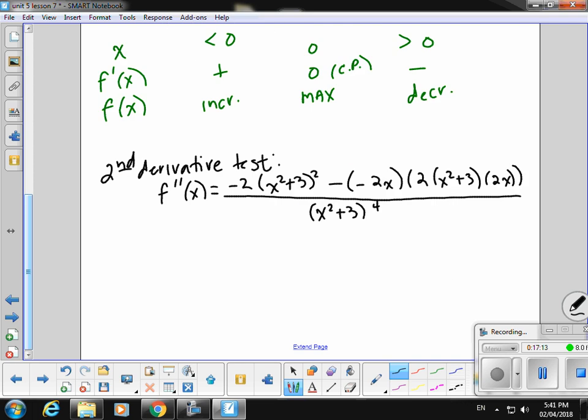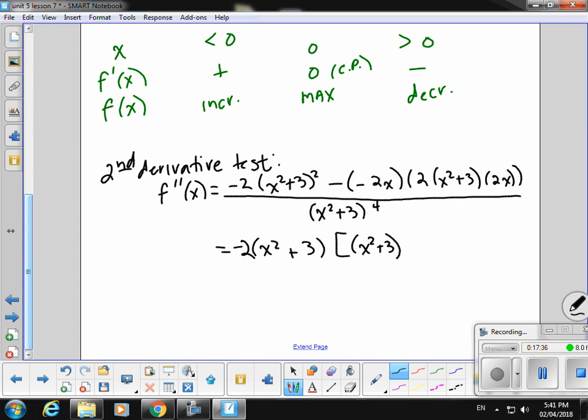I'm going to tidy that up by taking out a factor of x squared plus 3 and a factor of 2. I got too many negatives going on here. I'm just going to do a negative 2. Okay. For the first term, I have another x squared plus 3.